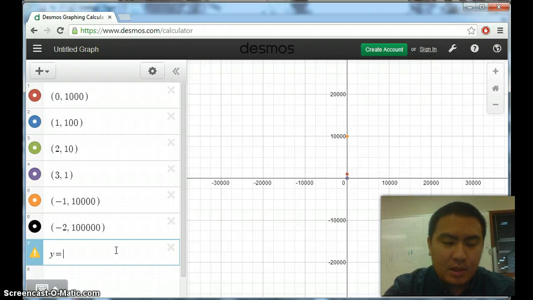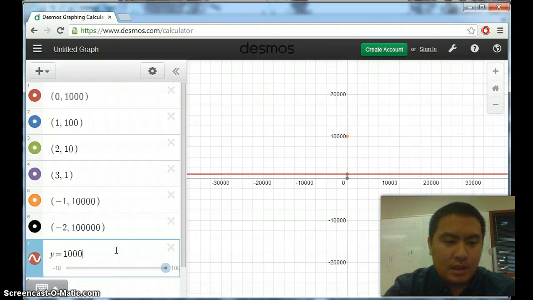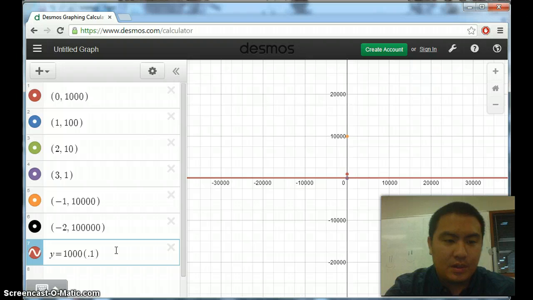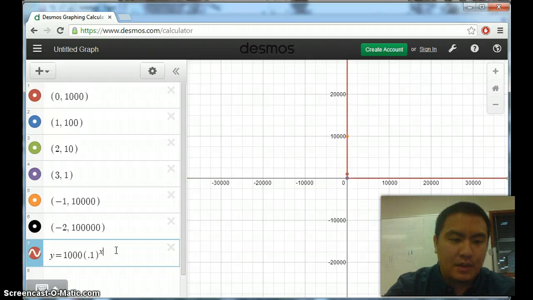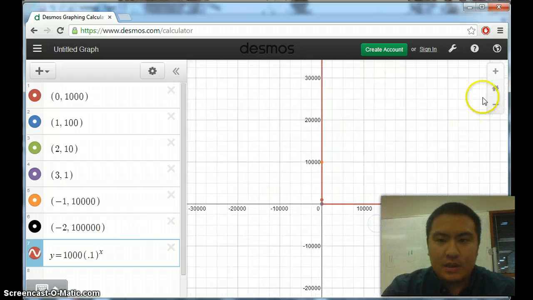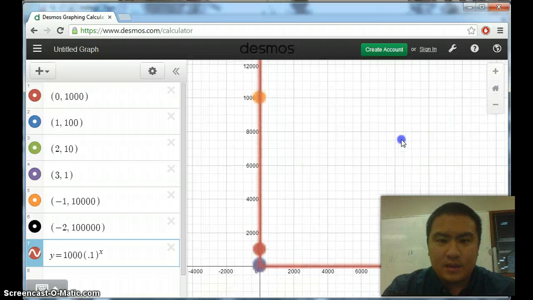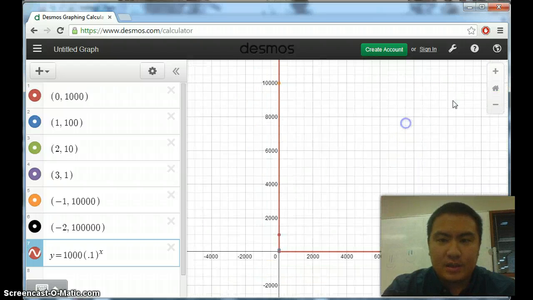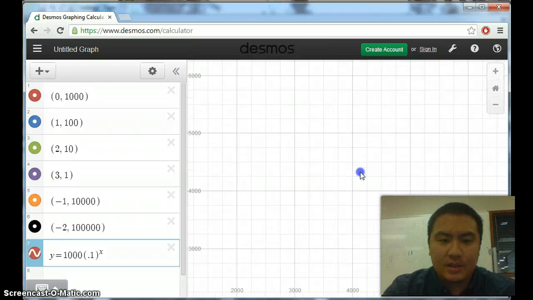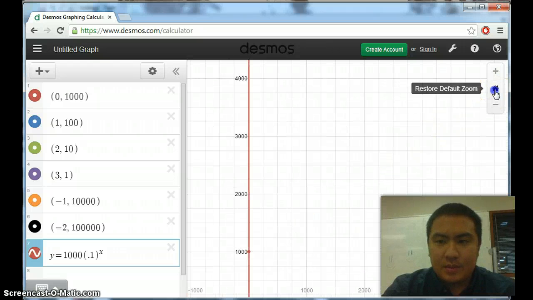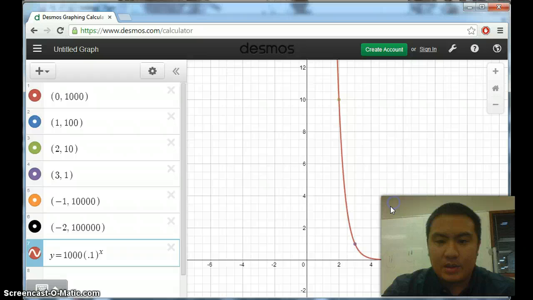It's going to be y is equal to 1,000, parentheses 0.1 to the power of x. And even though it looks pretty weird here, it looks like a straight L, what you're supposed to see is a curviness to it.